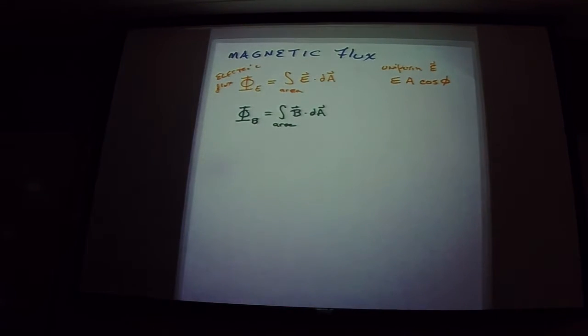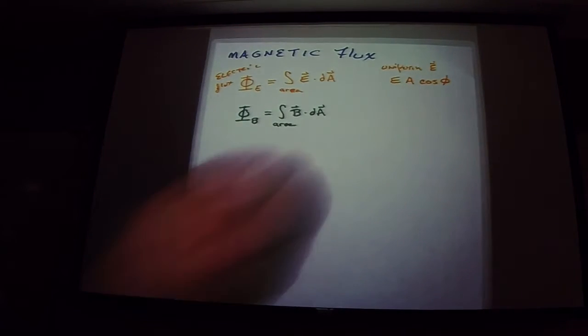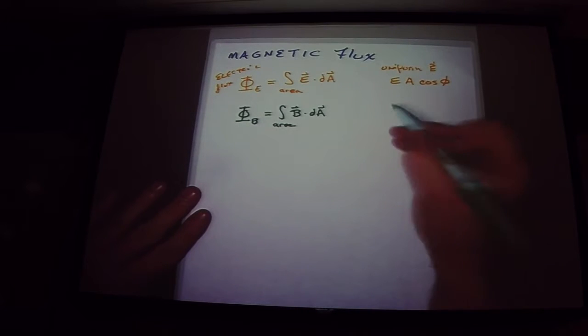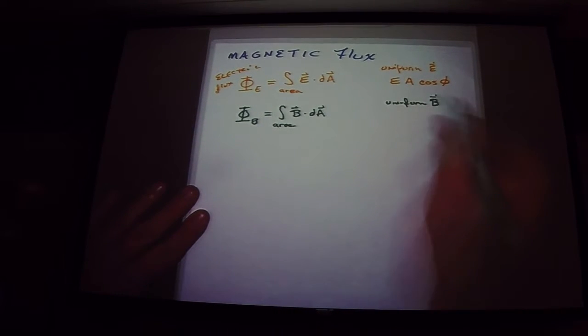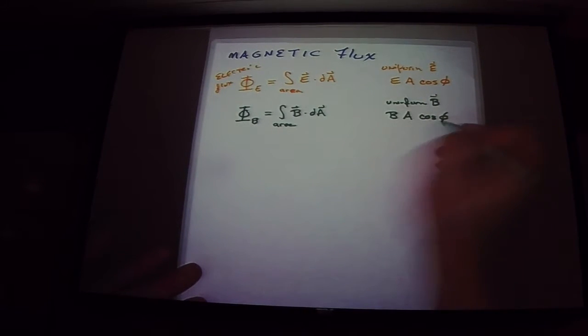Cool, huh? So it's just the same exact thing that we did before, except now we're talking about magnetic field and not electric field. And in a uniform magnetic field, this would be B A times the cosine of that angle between the magnetic field and the area.